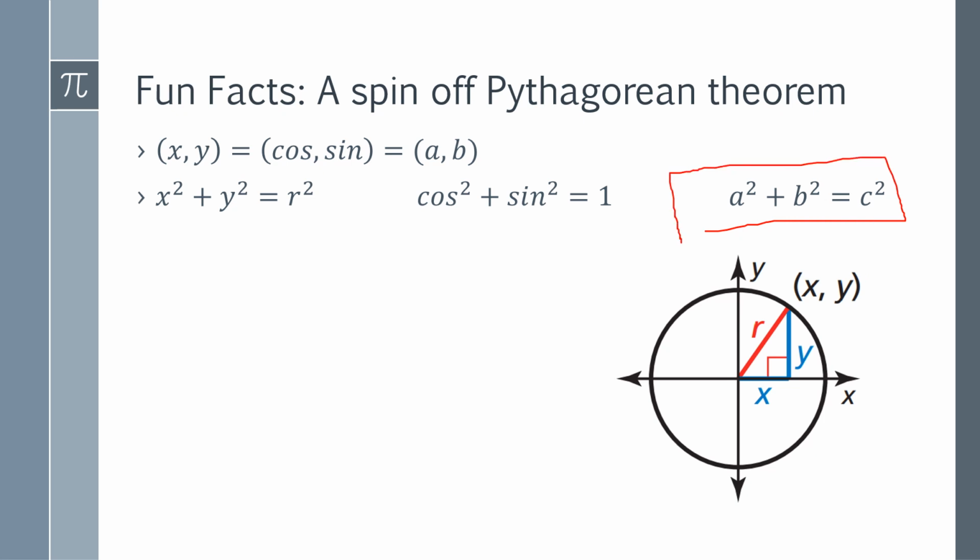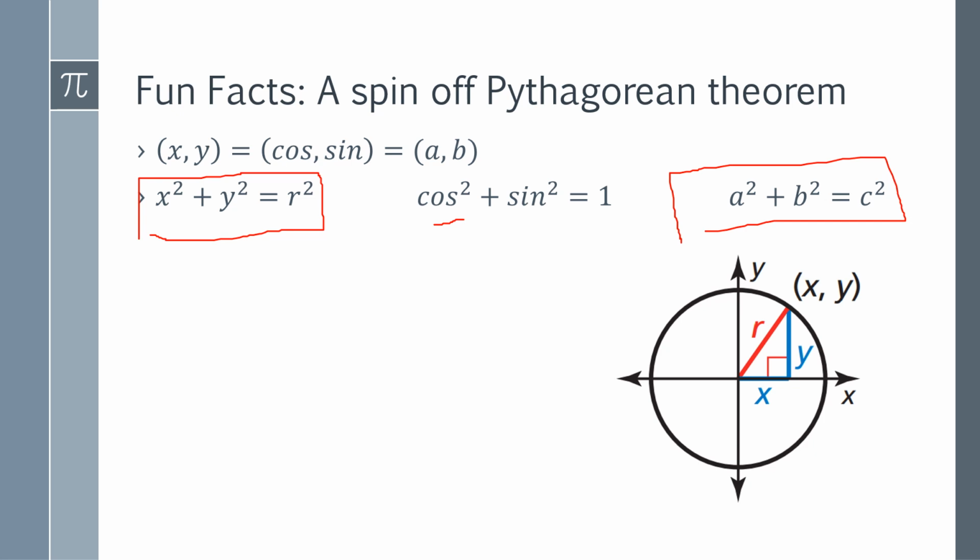I have taught you, for dealing with the unit circle, that x is your adjacent leg, y is your opposite leg, and r is your hypotenuse. That's the new Pythagorean theorem. And we also know that the new version of this is cosine squared plus sine squared equals 1.